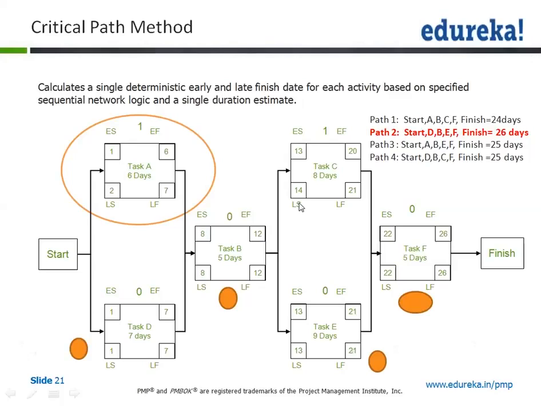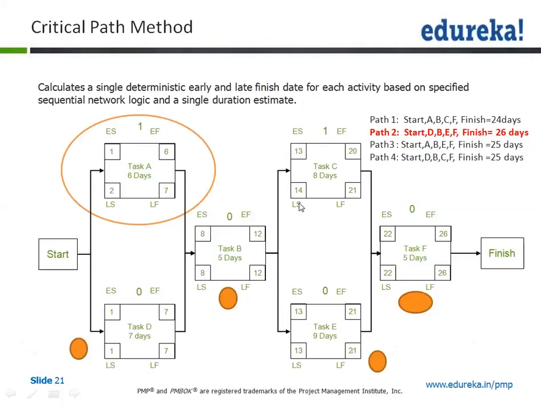So what we have drawn is the forward pass, the backward pass, and we have also seen the critical path, and we know the critical path has 26 days here. One very important point you must absorb is that the critical path carries 0 float.